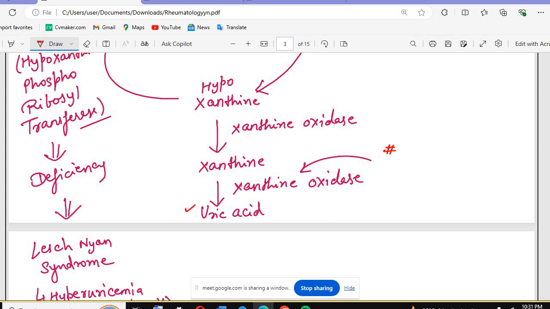And if we have more xanthine oxidase, more purine metabolism would be there, so there will be an increased amount of uric acid. And the increased amount of the uric acid is known as gout.